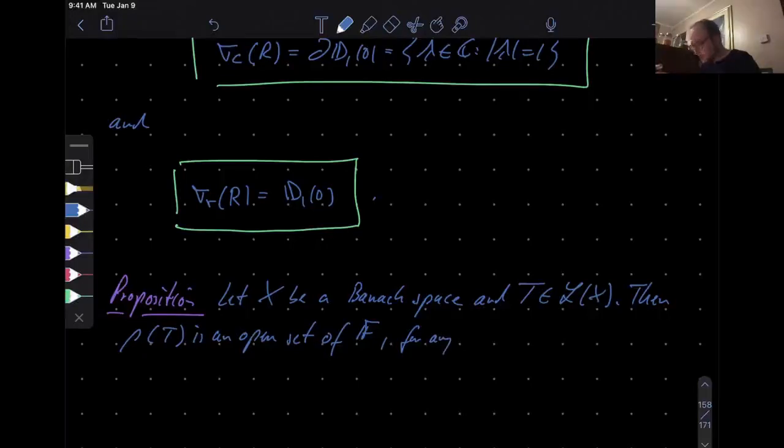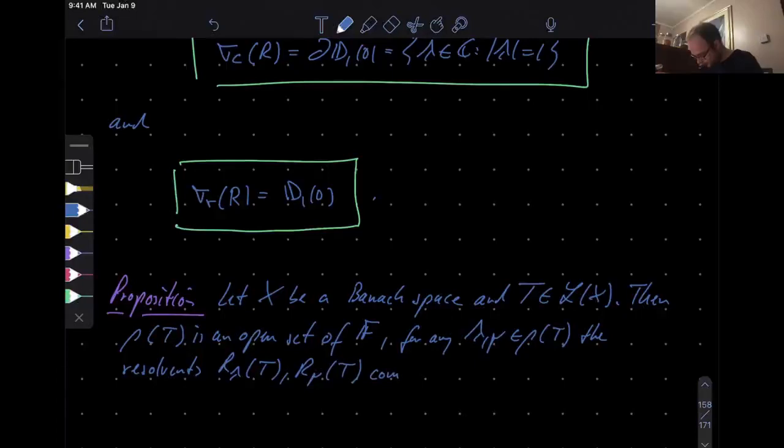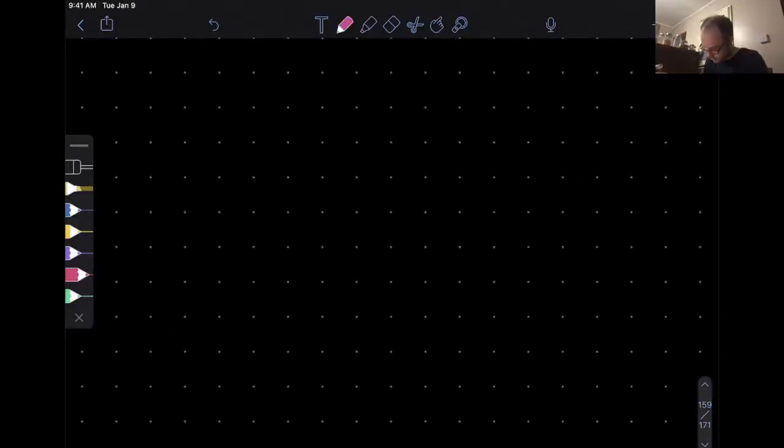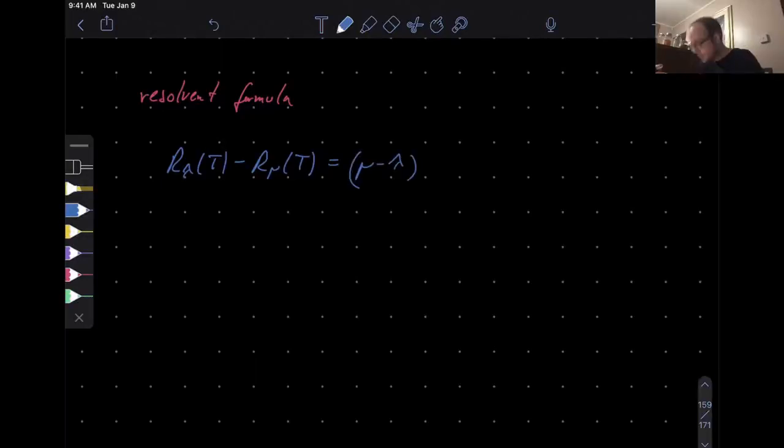Moreover, for any lambda, mu in rho of T, the resolvent operators R lambda of T and R mu of T commute and they satisfy the so-called resolvent formula: R lambda of T minus R mu of T is equal to mu minus lambda times R mu of T R lambda of T. This identity in turn tells you that these two commute, because you can just relabel your variables.